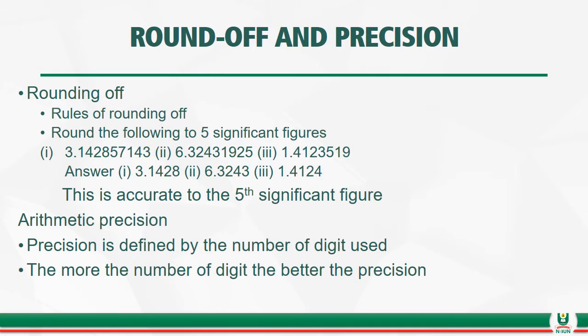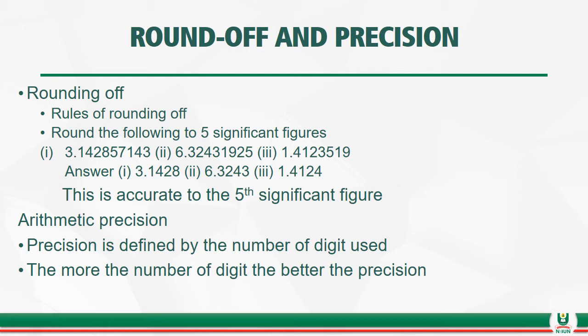Then we go to round off and precision. How do we round off a number to a specific significant figure? The first number here we are to round to 5 significant figures. So all we do is to first check how many of these numbers are significant. As it is, 3.142857143, all of them are significant.